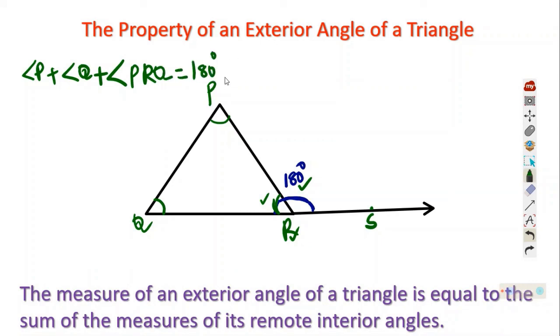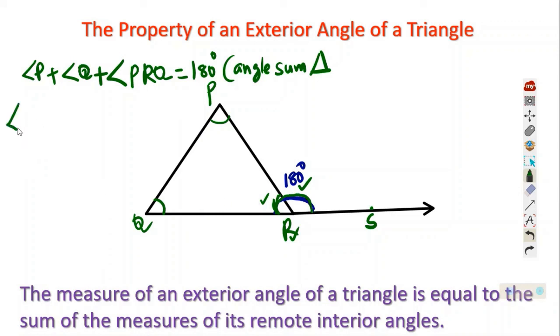Why? Because of the angle sum property of a triangle. Now I am also supposed to write, this PRQ is inside. If I take PRQ and PRS, that makes a linear pair.